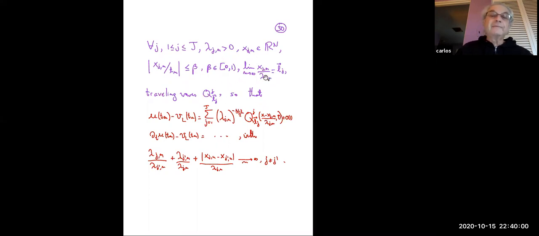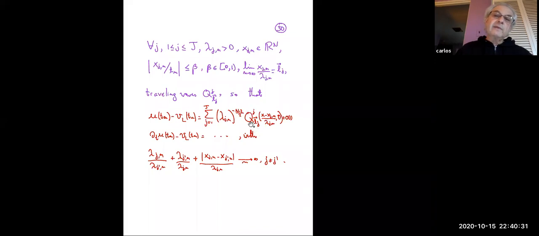And these are the directions that we get. And we find also traveling wave solutions, that is to say, solutions of the nonlinear elliptic equation and their Lorentz transform along these directions l_j, in such a way that the difference between the nonlinear solution and the linear solution is the sum of the modulated solitons, and the same for the time derivatives.